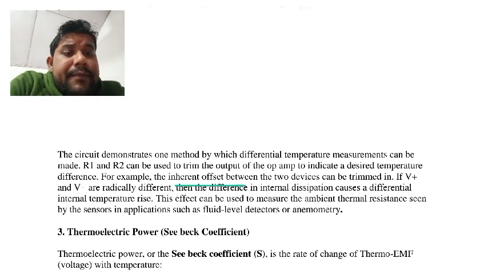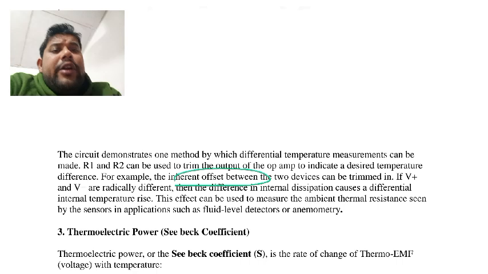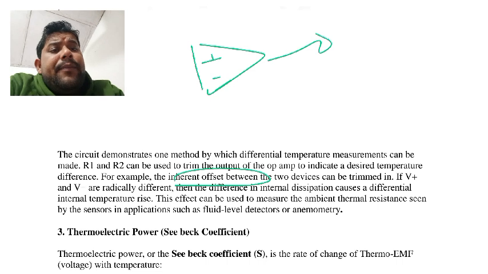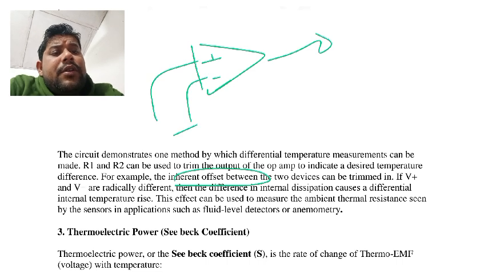Inherent offset means some inherent bias. Suppose this is an op-amp IC. It provides some output even when both inputs are zero.